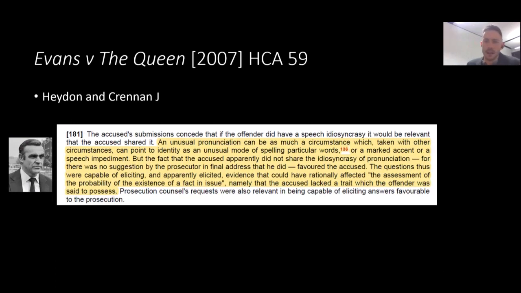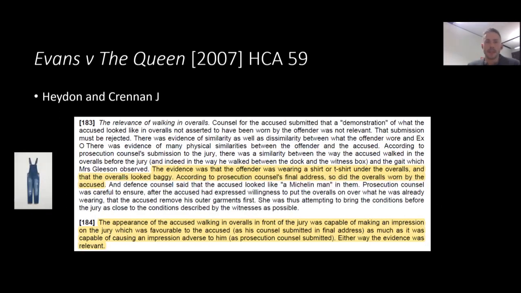However, also the unusual pronunciation: not everyone talks like that. So if he ends up being someone who has that affectation, that gives us a little more evidence that he might be the person. Similarly, putting on the overalls, it might look very baggy.